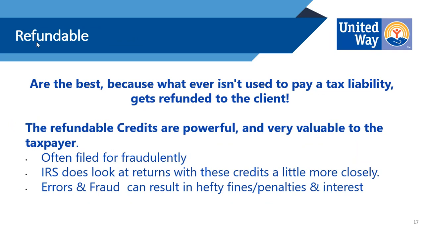Refundable credits are the best because whatever isn't used to pay a tax liability gets refunded to the client. They're very, very powerful and they're very valuable. And because of this, there's a lot of fraud that takes place. So the IRS looks at these credits just a little more closely. Errors and frauds can result in hefty fines to the taxpayer, lots of penalties, but also they can be banned from getting these credits again for a good period of time, several years actually.